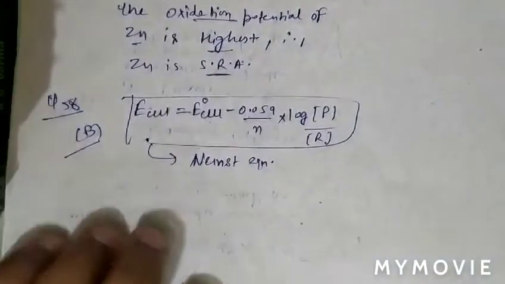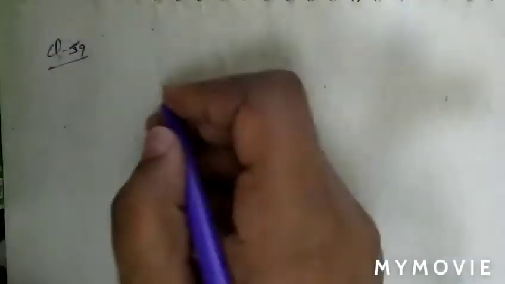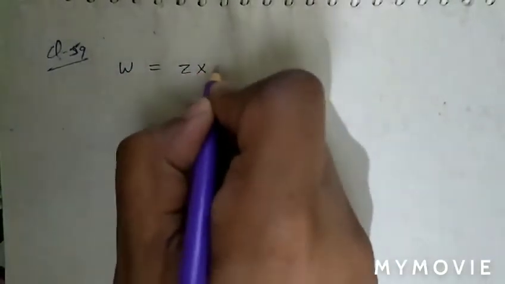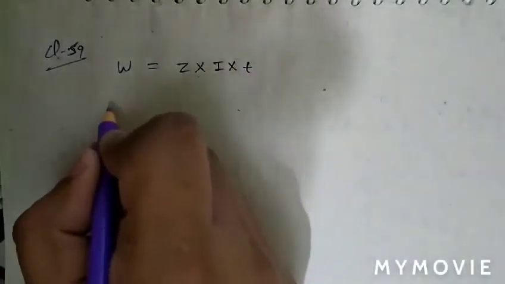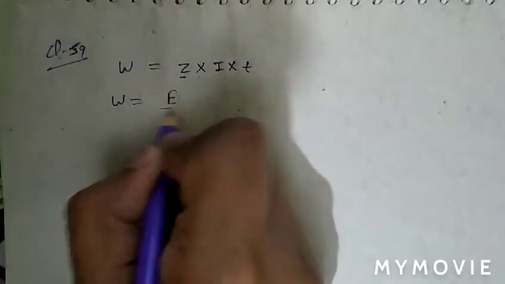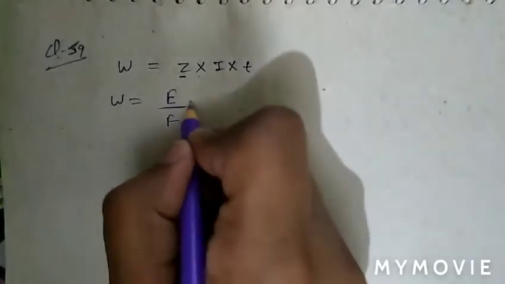See question number 59. In question number 59, the question is the amount of chlorine evolved when 2 ampere current is passed for 30 minutes. As we know, the weight deposited equals Z into I into T as per Faraday's law, and Z is known as electrochemical equivalent, that is equivalent weight by Faraday constant.